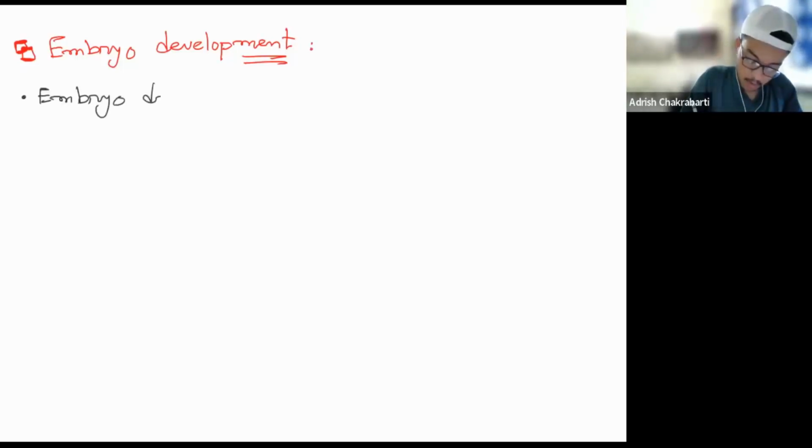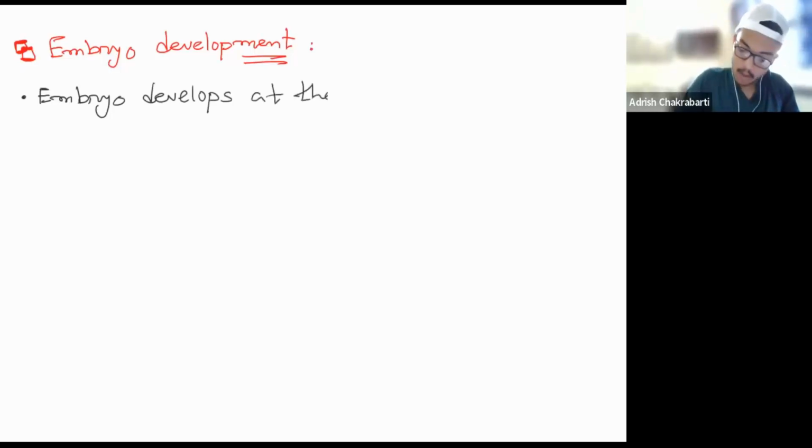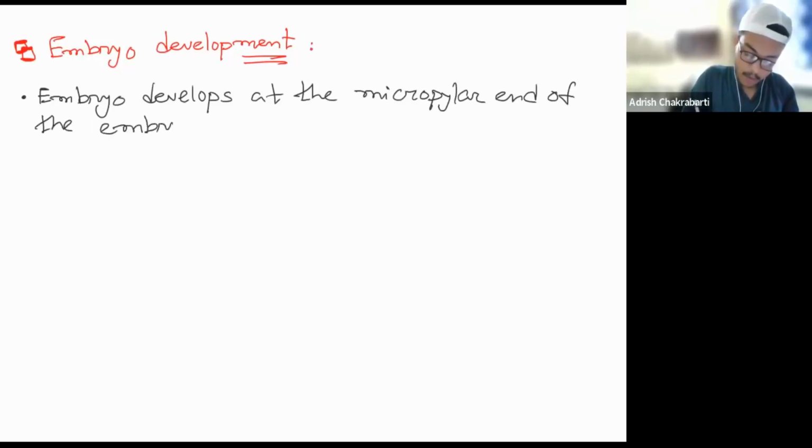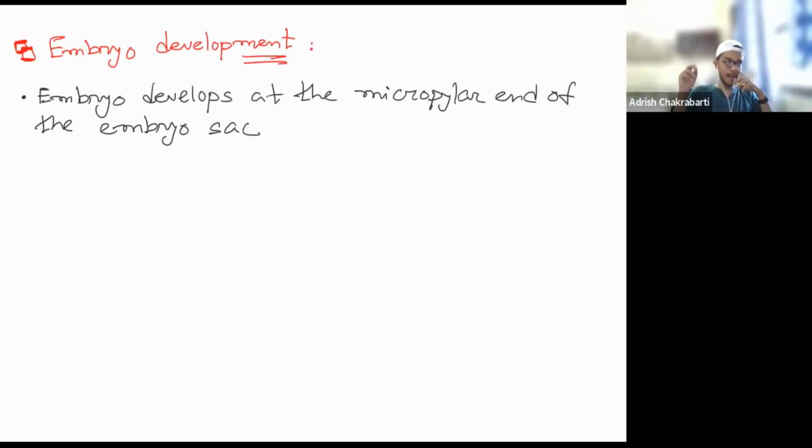Embryo develops at the micropylar end of the embryo sac. I had told you guys to perhaps make a chart if possible, showing where the chalazal end is involved and where the micropylar end is.